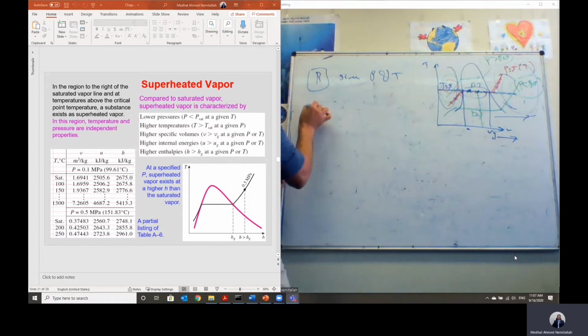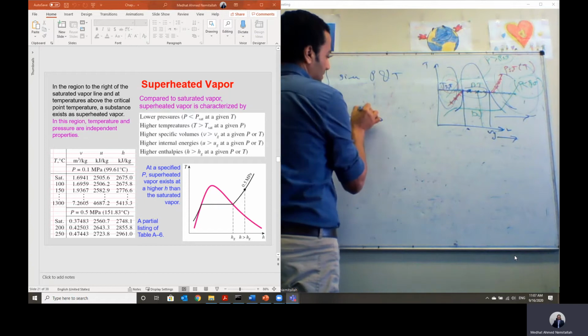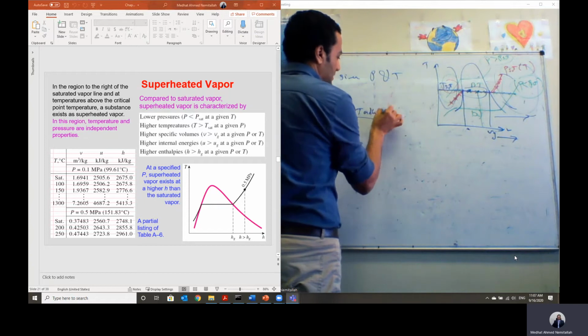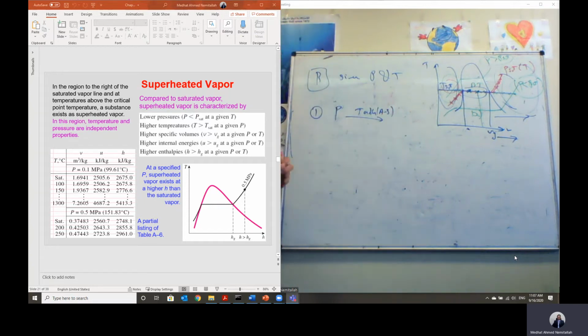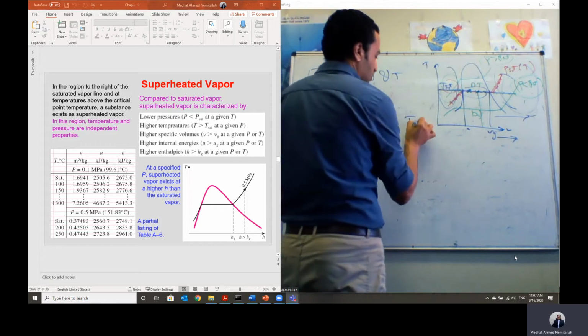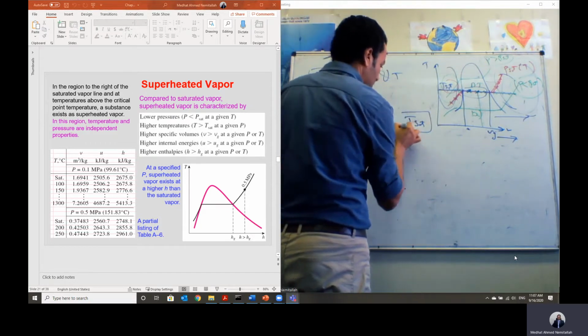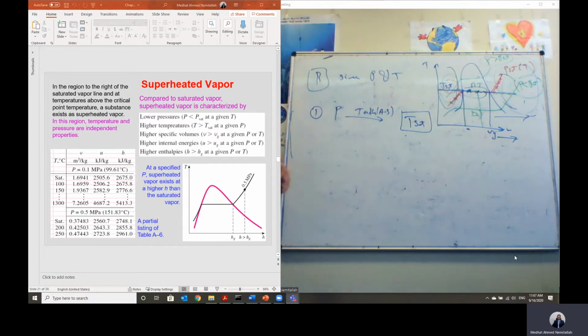So we have in this case also two options. Either we can take this pressure, and this option I prefer, and then I will go to table A5. At the given pressure, we can get from table A5 the saturation temperature. Then we can compare this saturation temperature with the given temperature.